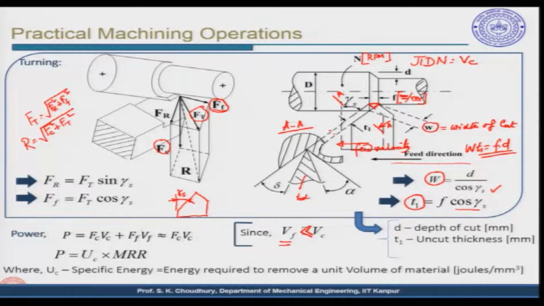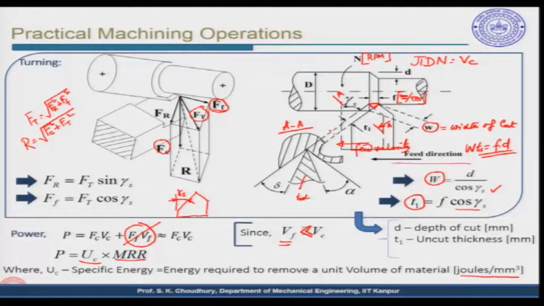Now, the feed velocity is much less than the cutting velocity. So, therefore, in here the Ff into Vf can be ignored and the power can be written approximately as a product of Fc and the Vc, that is the cutting force and the cutting speed. Power can also be given as the Uc, this is the specific energy, and the material removal rate. Now, the specific energy in case of turning is the energy which is spent to remove unit volume of material, and this is given in joules per millimeter cube.